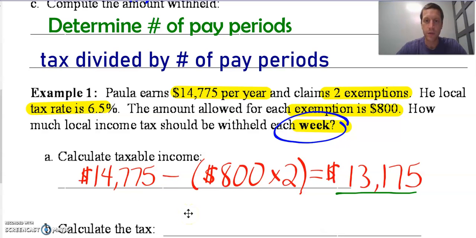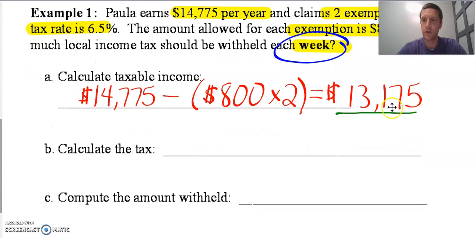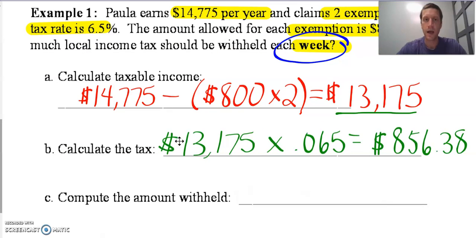So this is from step A, so our income minus the number of exemptions times the amount per exemption, so $14,775 minus the 800 times 2. That's going to get us our taxable income of $13,175. Using that number I underlined in green, the taxable income as a base, I'm going to multiply $13,175 by 0.065, which is my 6.5% tax rate.